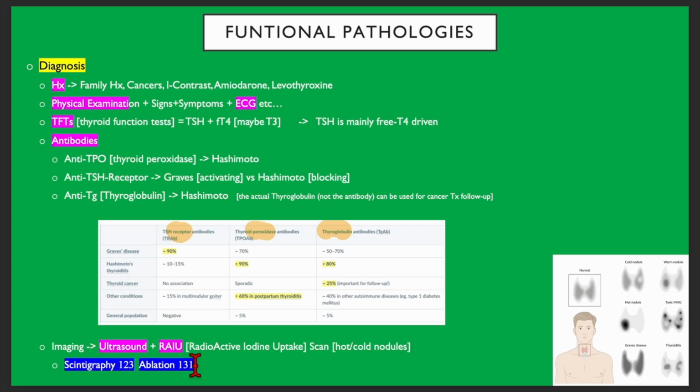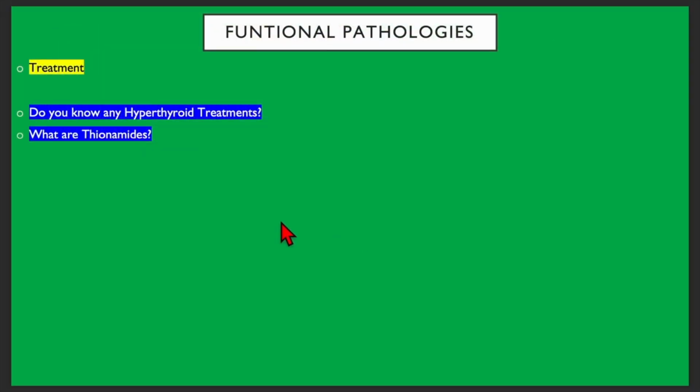So I will do a scintigraphy with 131, and everything that is found is possibly a metastasis, so I'm killing it. But if I just want to make a diagnosis without killing anything, I will use 123. Yeah, so that's the isotopes.